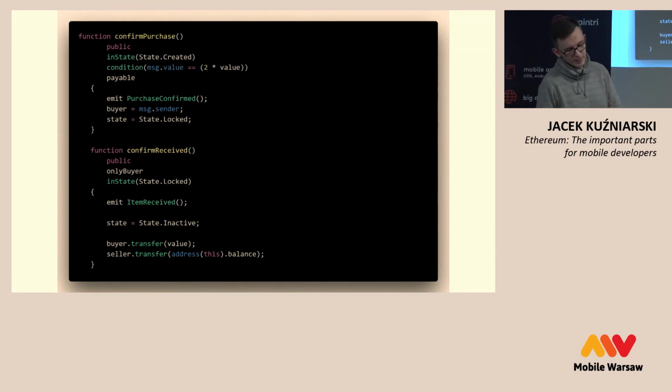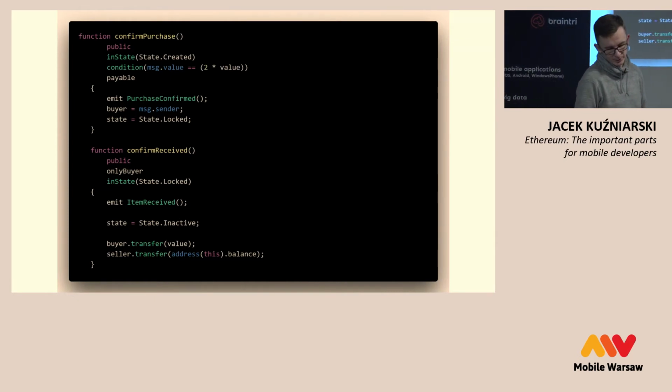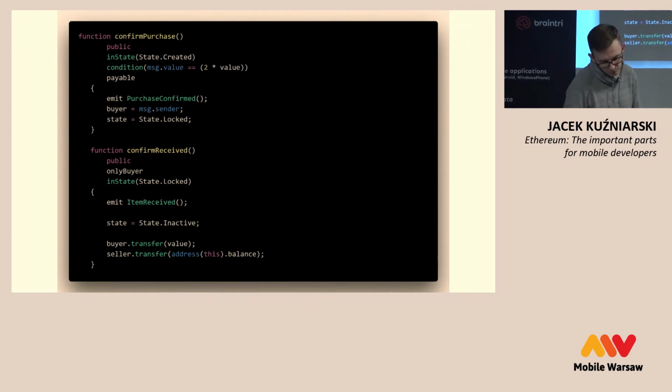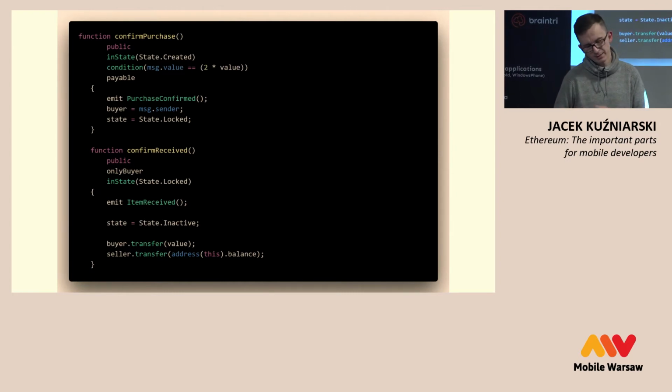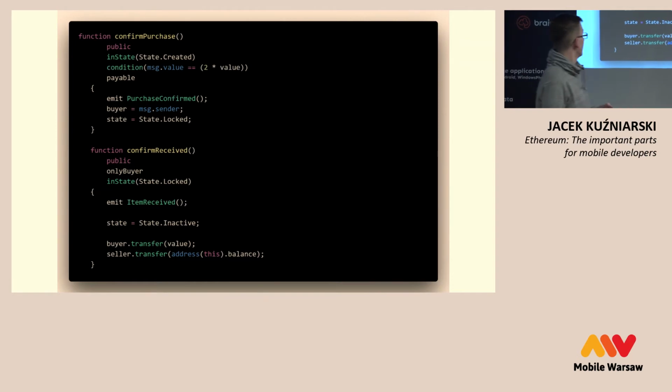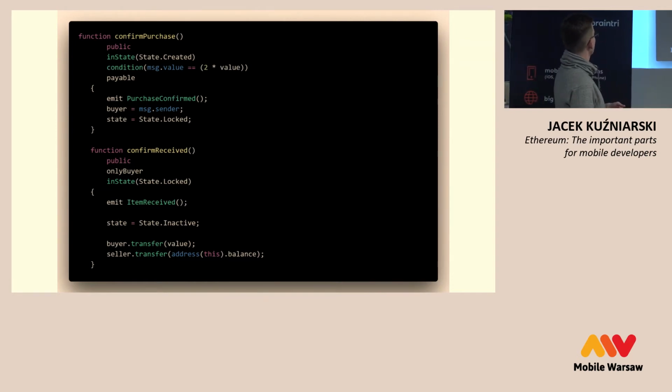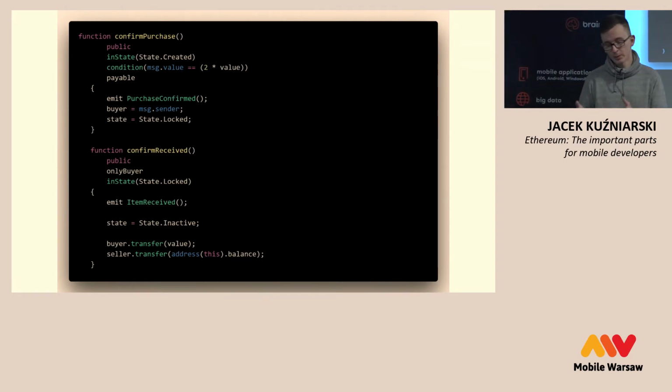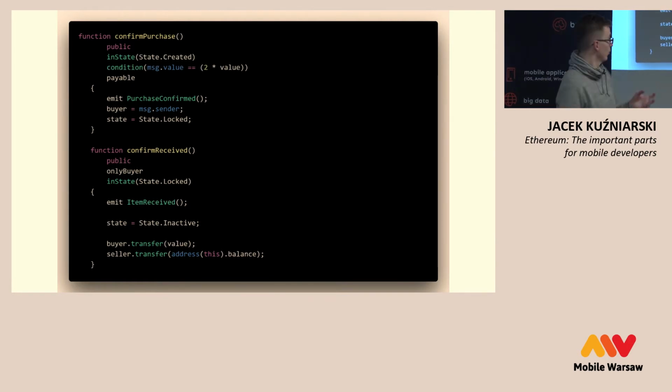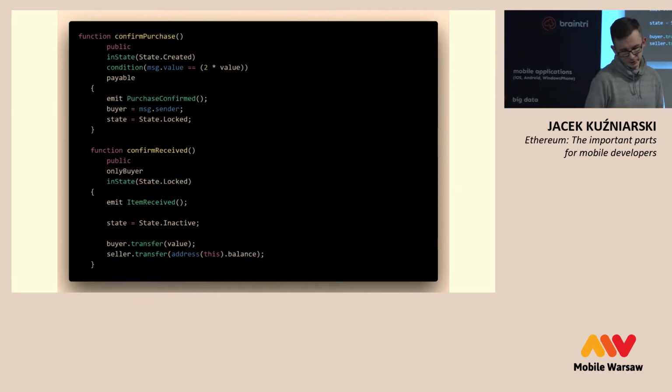We have the function, the name of it, the visibility, and then we attach the modifiers that check if we are in a correct state and so on. And there's also the modifier that is payable. So the buyer, if he wants to confirm a purchase, needs to send a transaction with a certain value, not only the value that we are reading from the message.